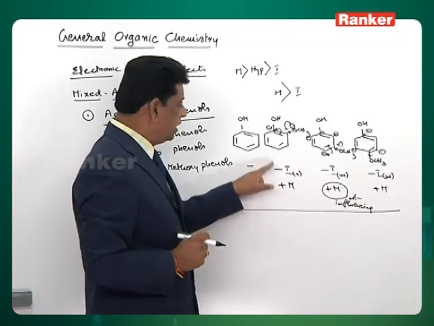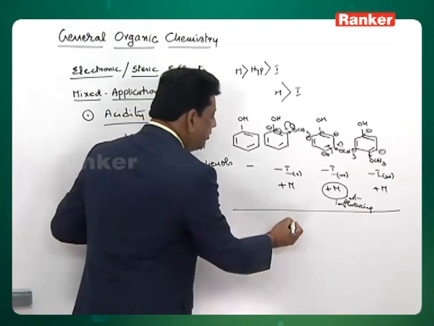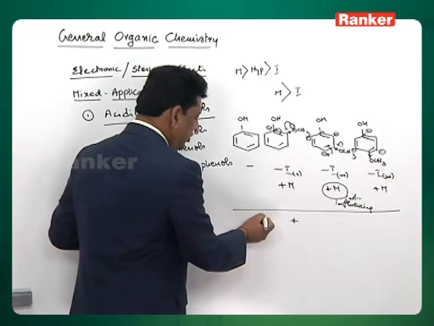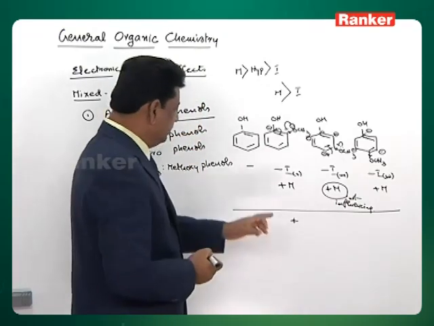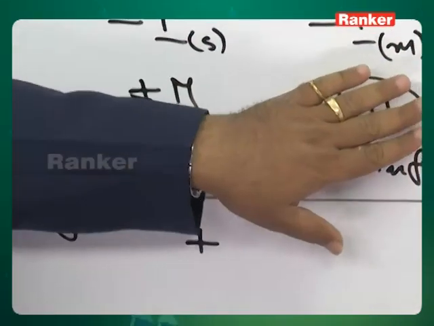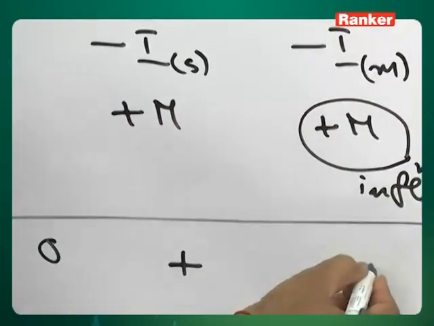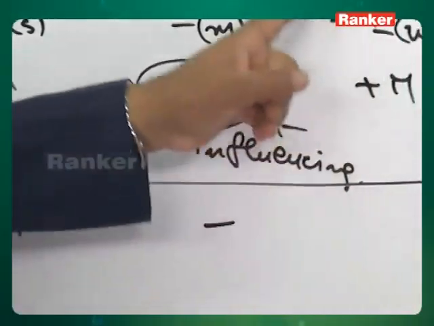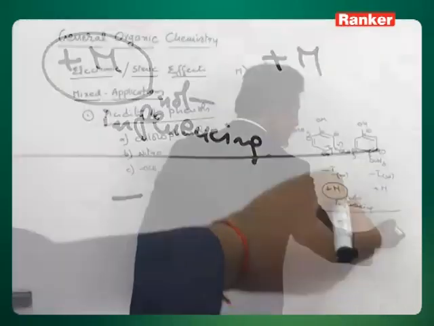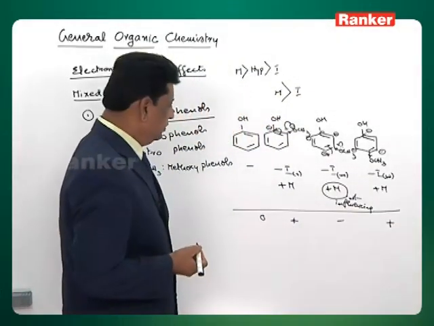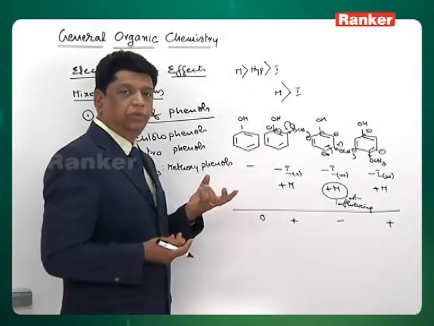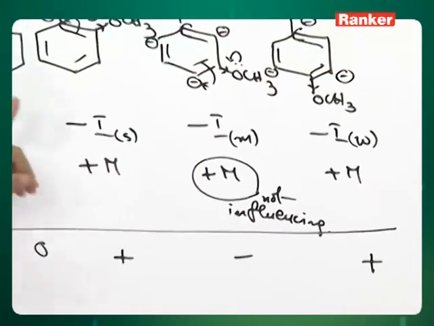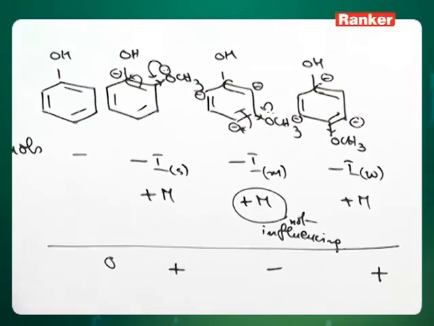So what comes out as net? Here, nothing, zero effect. Here comes a plus effect. Here plus is not there. What will be the net? Minus effect. Again plus and minus: plus is dominating. You have to add up. When one group shows two contrasting features, minus I and plus M, which will be the net?